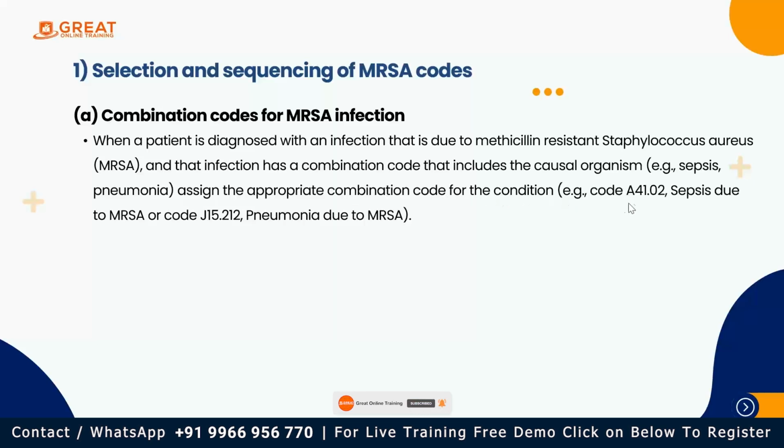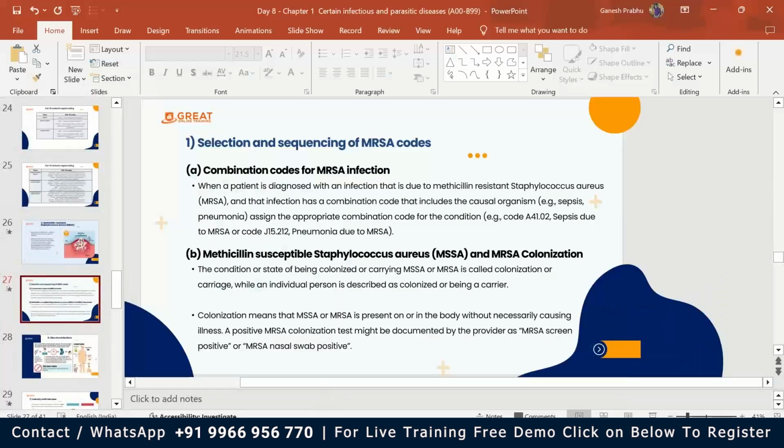For example, code A41.02 is for sepsis due to MRSA, or code J15.212, pneumonia due to MRSA.